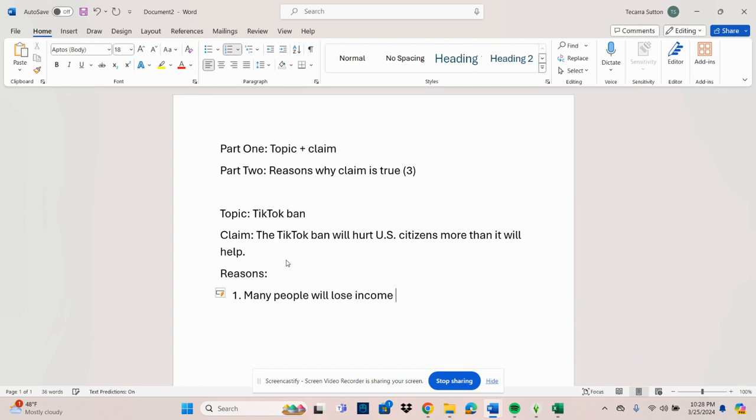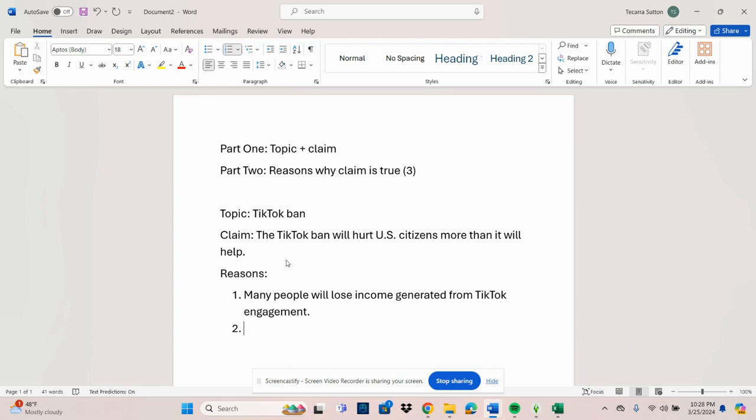So my first reason is going to be that many people will lose income generated from TikTok engagement, right? But how many reasons am I supposed to have, guys? I'm supposed to have three, so I need more reasons.